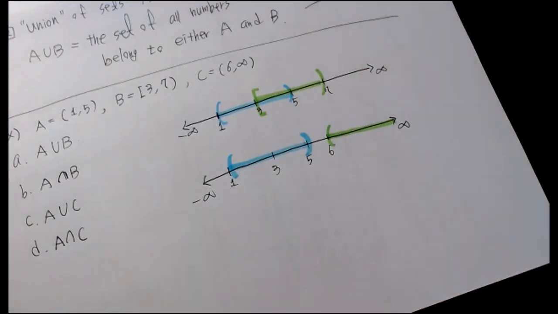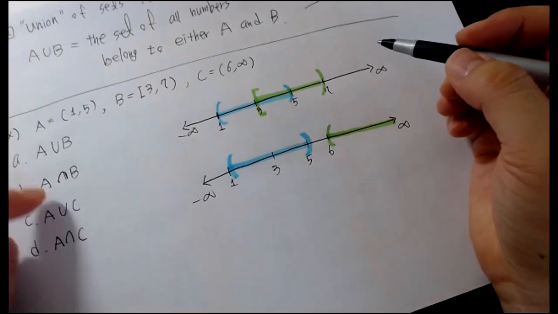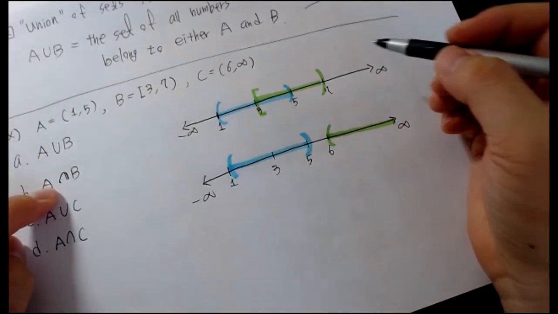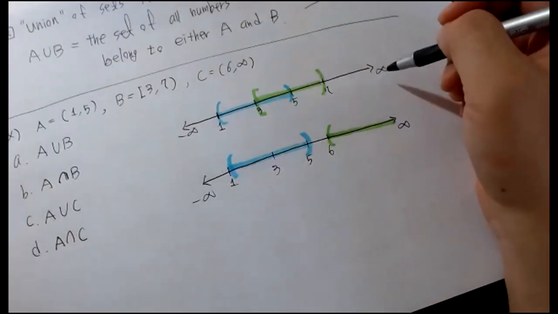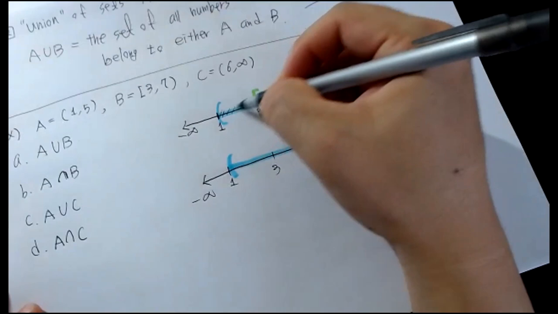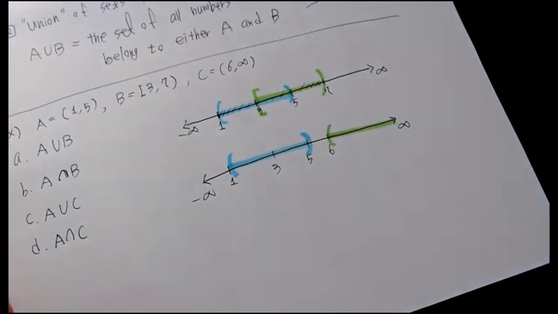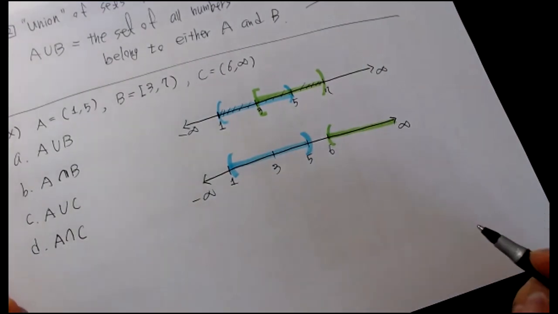So now we're going to find A union B and A intersection B on the first number line. A union B is going to be what? The set of all numbers that belong to either A or B, right?